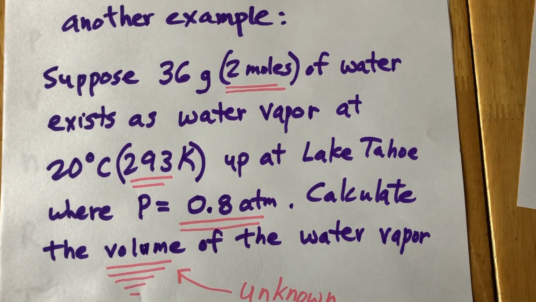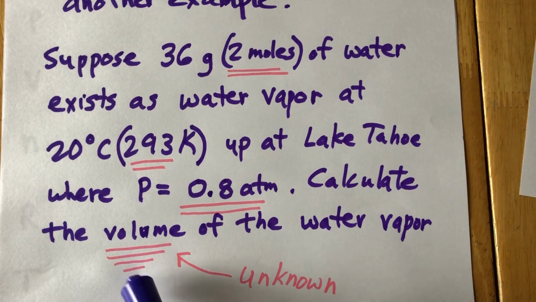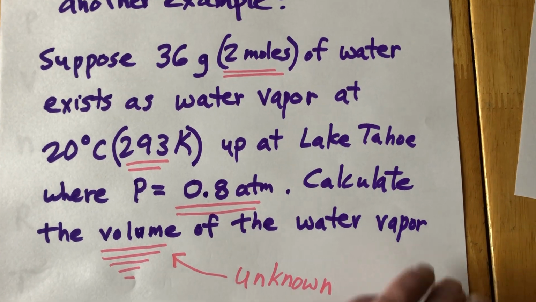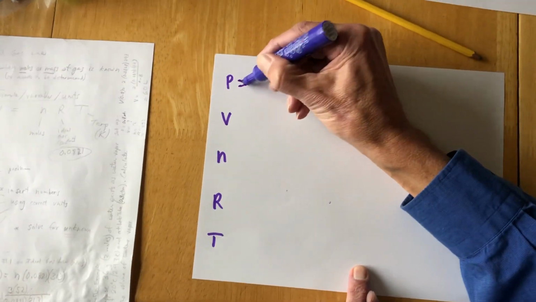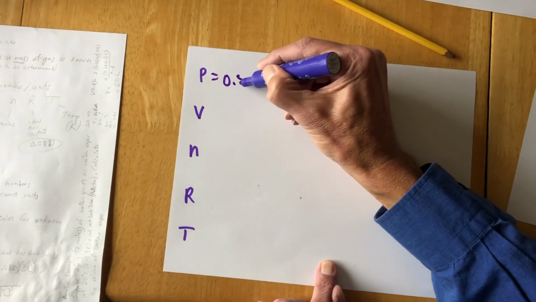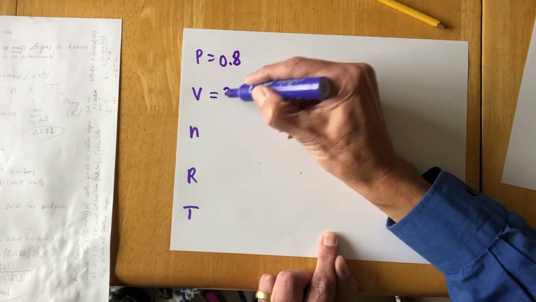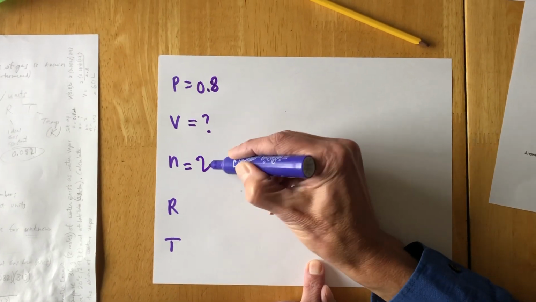You'll notice that all the quantities have been underlined, and this is the quantity we're looking for. You take these numbers and put them into a setup like this. P equals 0.8 atmospheres. V we don't know. n equals 2 moles.